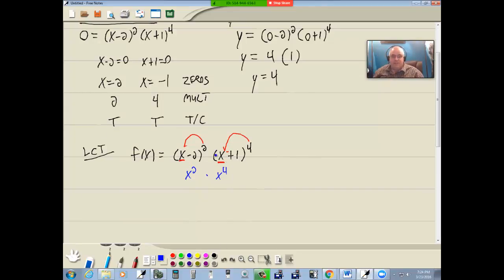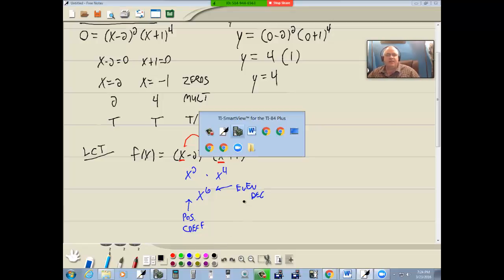You'd have to handle it a little differently if you have numbers involved, but that's a different case. X squared times x to the sixth is x to the sixth, which means I have a positive coefficient because there's a positive 1 in front of it, and I have an even degree. Okay, positive coefficient and even degree.